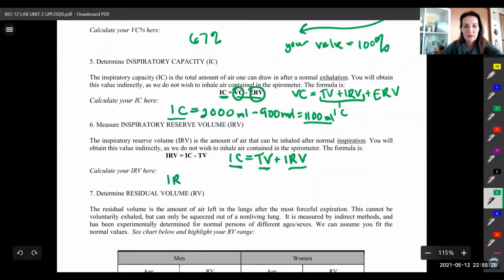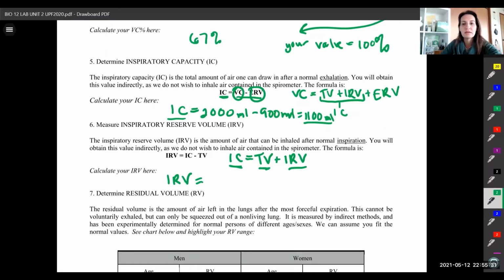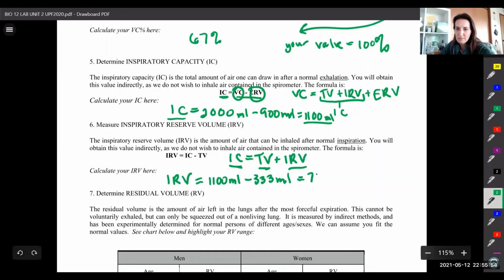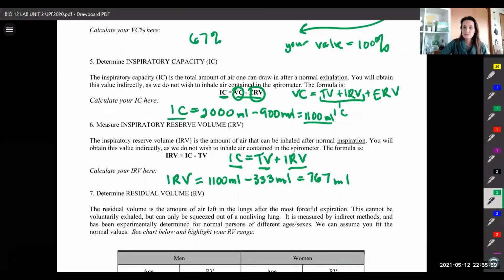So my inspiratory reserve volume would be the inspiratory capacity, 1,100 milliliters. Yours will be different. And your tidal volume is also different. It was given to you at 450 milliliters, so that's what you would use here. And I had gotten the 333 milliliters, so I'm going to use that here. So my IRV is then going to be 767 milliliters.